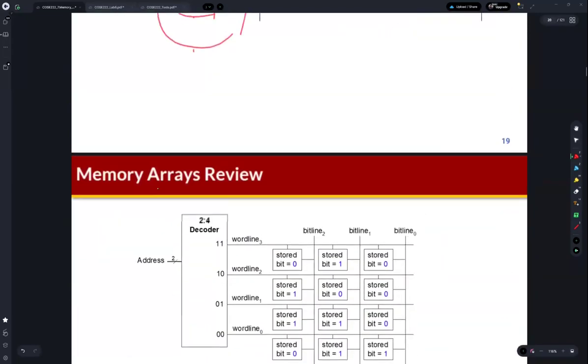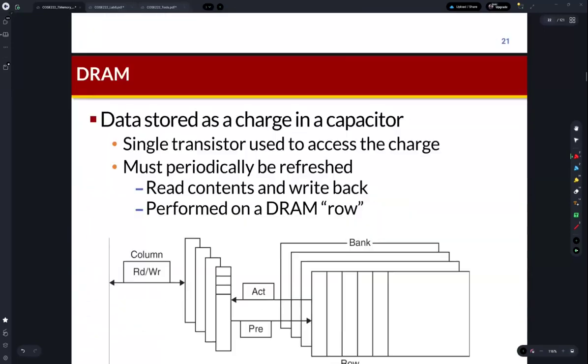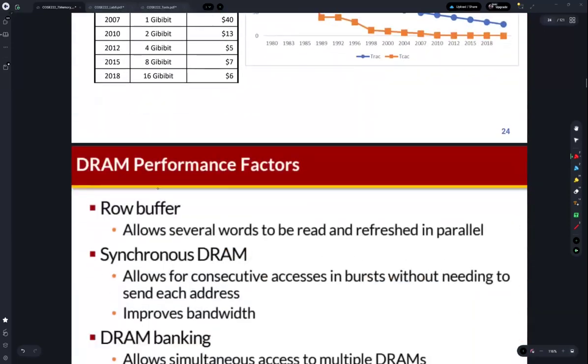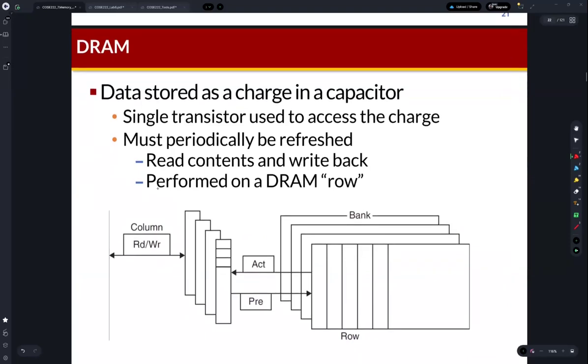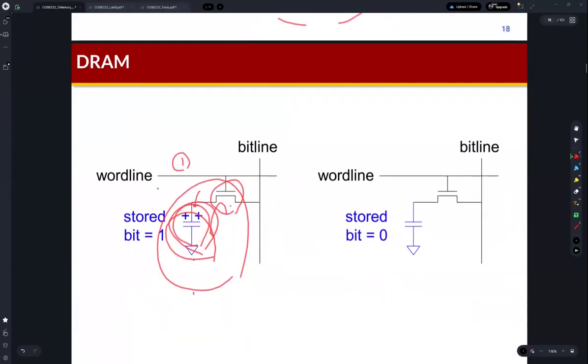And then we learned about various memory technologies, like DRAM. Only this part is different, right? The memory structure is composed of word lines and bit lines, and the word line activates the memory cell. If the memory cell is activated, we can read data from or write data to the memory cell, right?